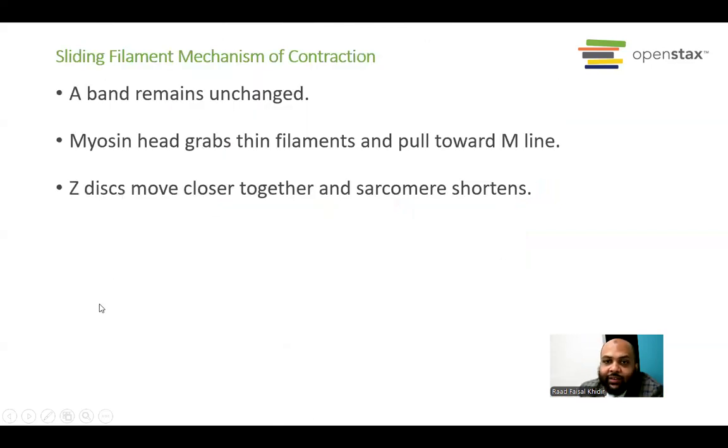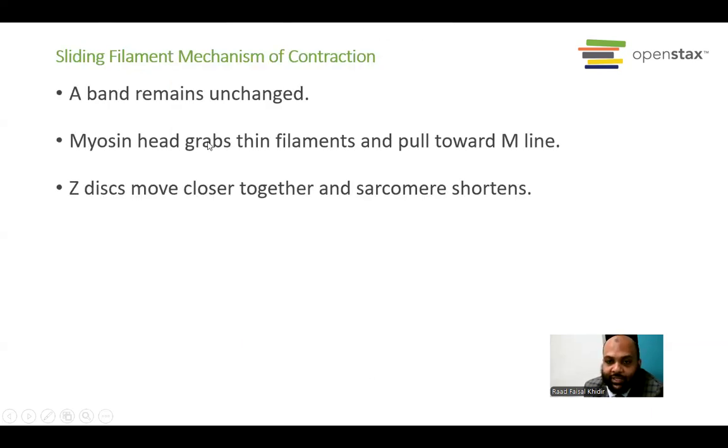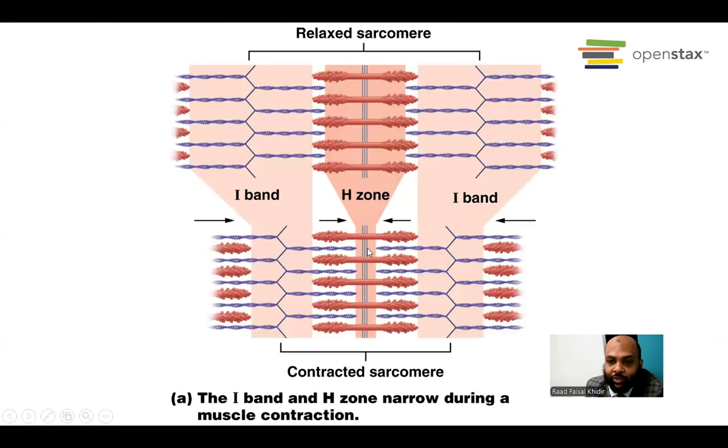That is the sliding filament mechanism of contraction. The A band remains unchanged. Myosin heads grab the thin filament and pull toward the M line. So the Z discs move closer and the sarcomere shortens.